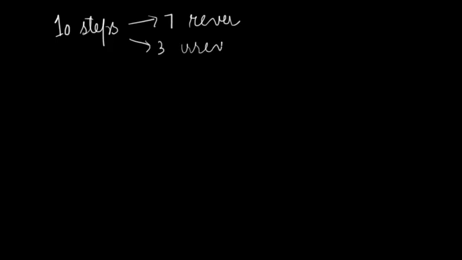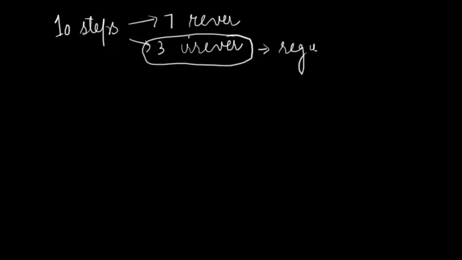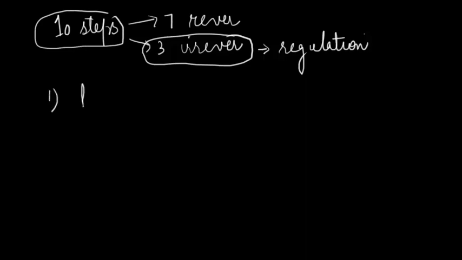Glycolysis is comprised of 10 steps or 10 reactions, and out of these 10 steps, 7 are reversible and 3 are irreversible. It's at these 3 irreversible reactions where regulation or control of glycolysis takes place. These 10 steps of reactions in glycolysis are divided into 2 phases.